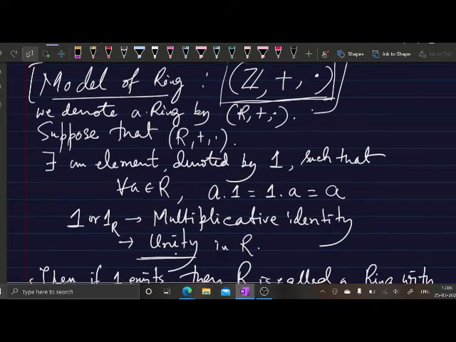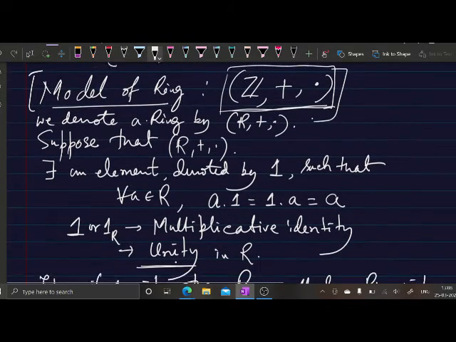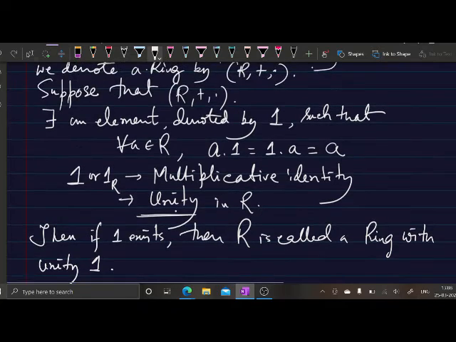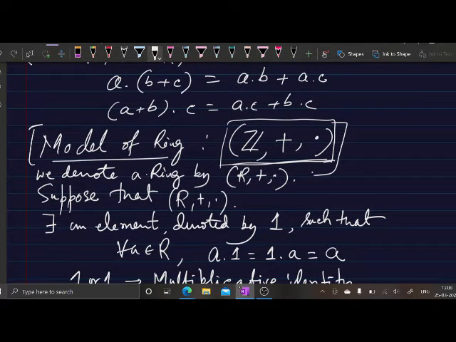These are not the same, but we denote the unity, this multiplicative identity, by 1, keeping in mind this model, Z.